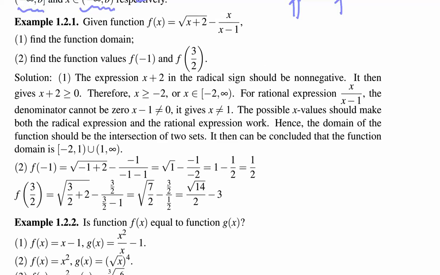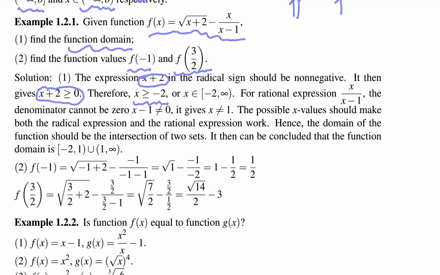The first example is, given this function, ask you to find out the domain and then find out the function values. Okay. What is the domain? Inside the radical sign, there is an expression x plus 2. So it requires x plus 2 to be non-negative. Both sides subtract 2.